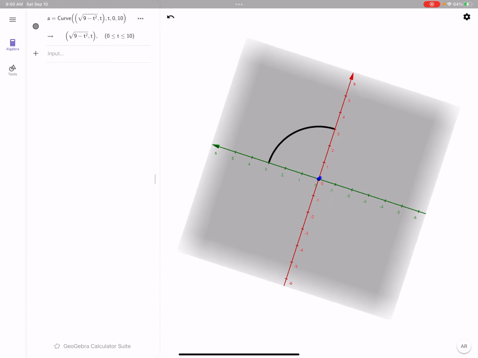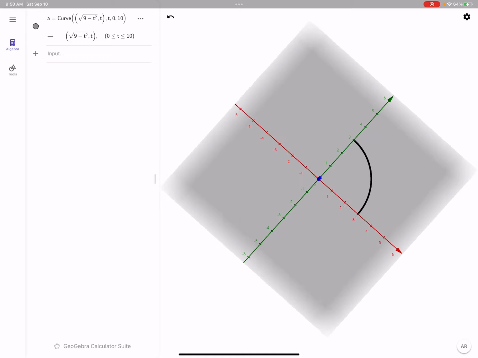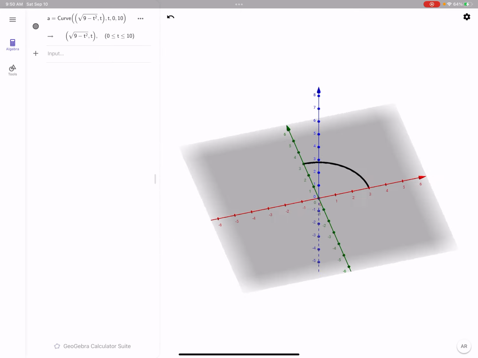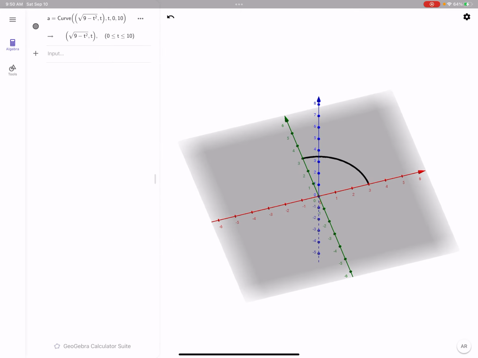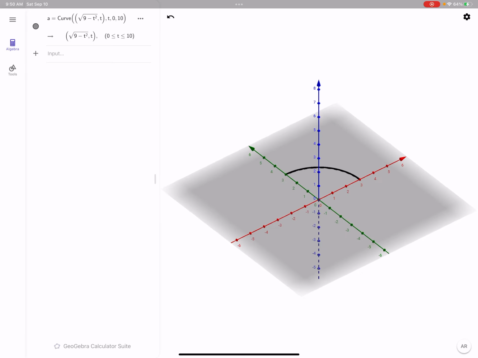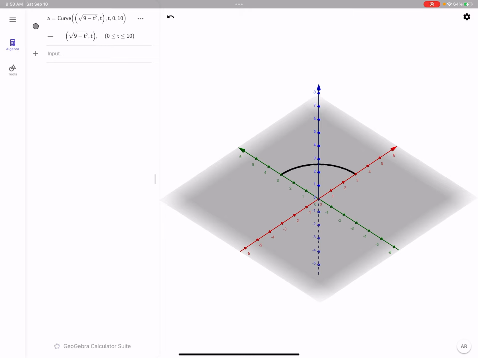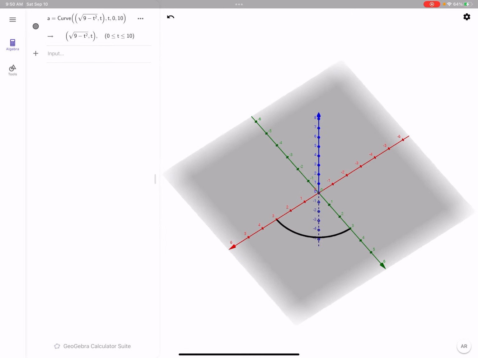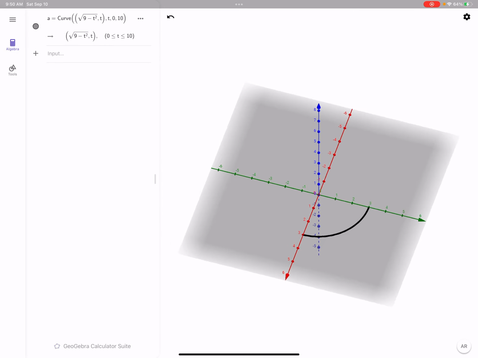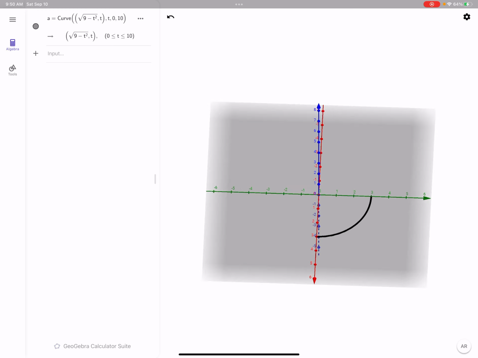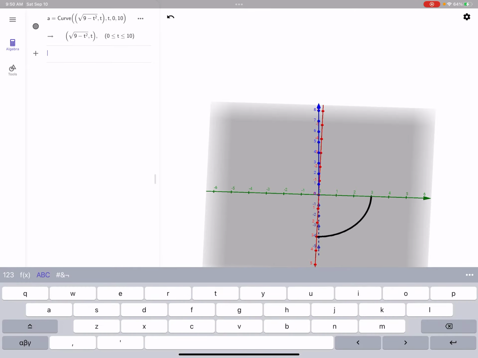And now, if we orient this the right direction, we can see that when t is 0, our x is going to start at 3 and our y is going to start at 0. So when t is 0, our x is 3 and our y is 0, and so forth. And actually, let's put a point on here. We're going to say a point B.